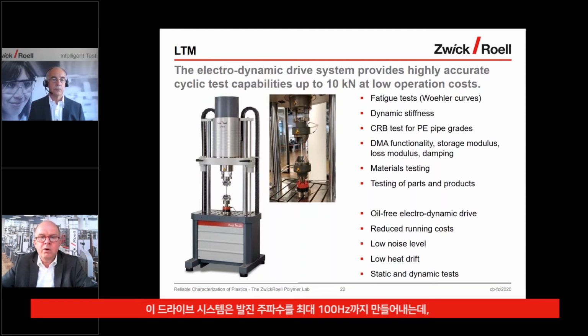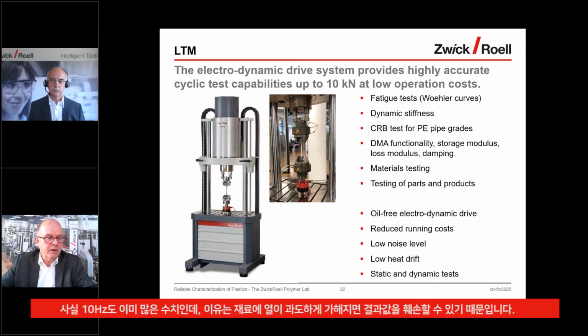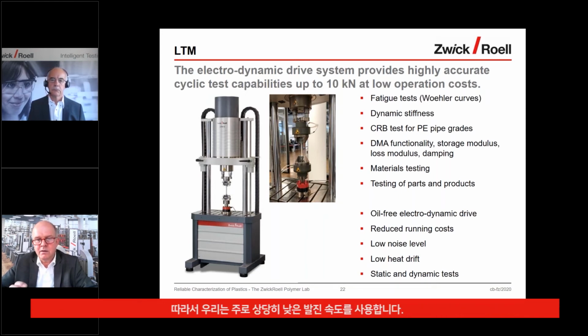So this is much more than what is typically needed. Polymers are maybe tested at 3, 4, 5 hertz. 10 hertz is already a lot because you have the problem of heating the material, which would damage the results. So typically we use it at quite low oscillation speed.